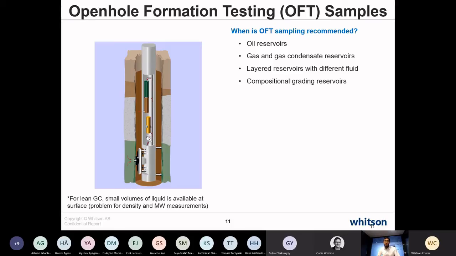The same goes with the separator samples. And also for compositional grading reservoirs, it's very important to get open hole formation testing so that you get to know better how the compositions vary with depth in the reservoir.